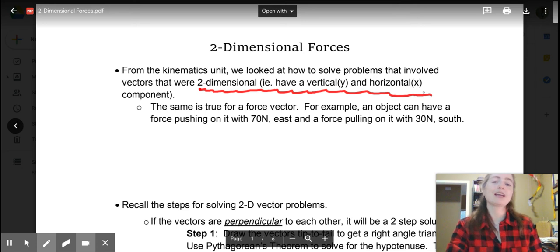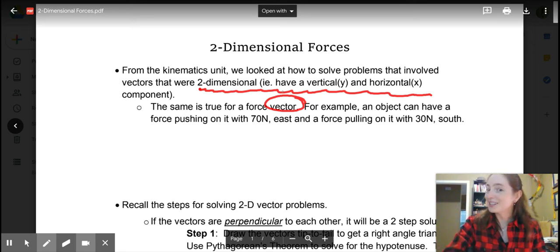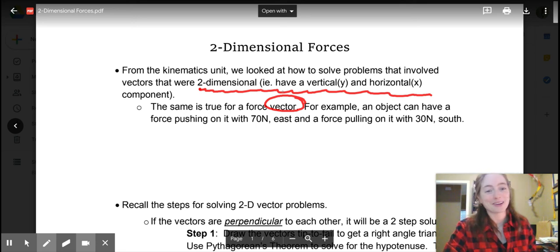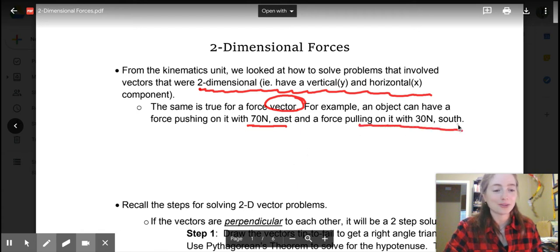We were looking at displacement and velocity here, but remember, ladies and gentlemen, force is a vector. Because force is a vector, we are able to work with them in the exact same manner that we do any other vector. So you can have a vector with a force pushing on it at 70 newtons east and another force pulling on it with 30 newtons south.